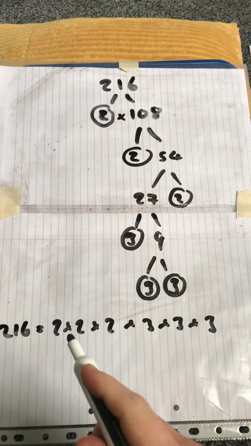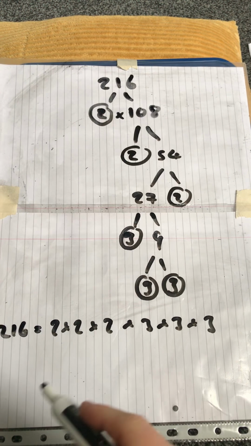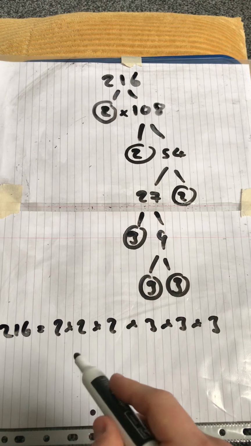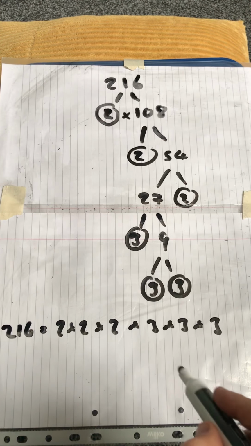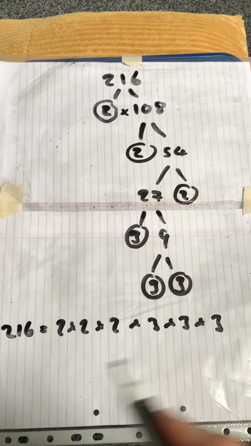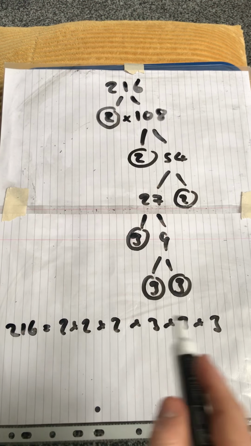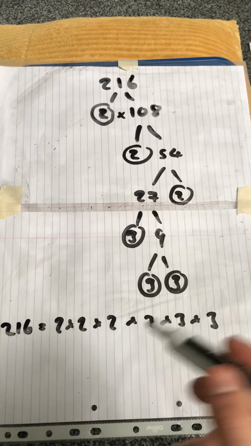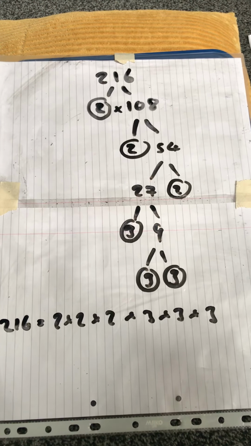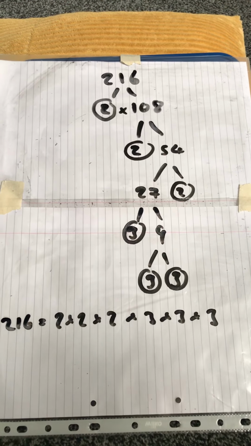Now you can't, because if you split the twos up, there's going to be two twos in one group and one two in another group. That's not equal, and the same with the threes. So we can't split the prime factors of 216 into two identical groups, which means it's not a square number.